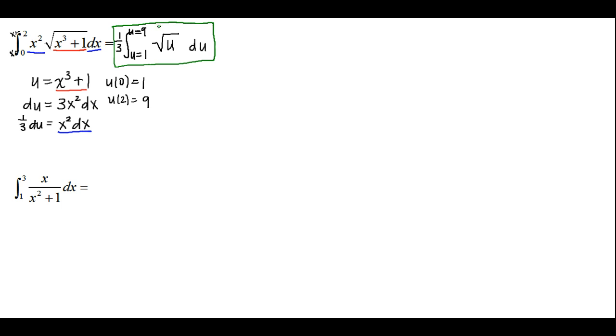So the answer here is going to solve this original problem that I had, but this is going to be a lot easier to solve because the antiderivative of the square root of u is something I can evaluate using the power rule. So let's keep going here. I have 1/3, the integral from 1 to 9, so I'll drop the u equals, of u to the 1/2 du.